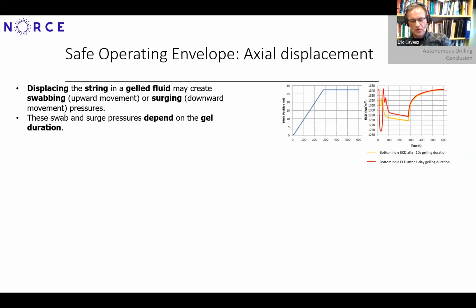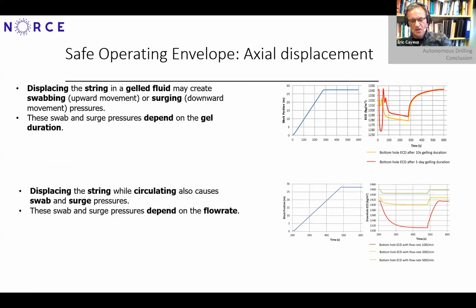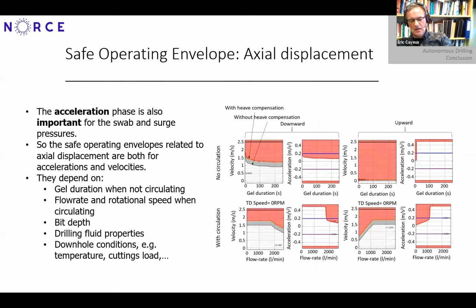Safe operating envelopes for actual velocity depend on many different external conditions, like whether you have circulated or not, whether the fluid is gelled or not, so the duration of the gelling period. It depends on the flow rate if you are pumping. It depends on the rotational speed. And it depends on the acceleration and so on and so forth.